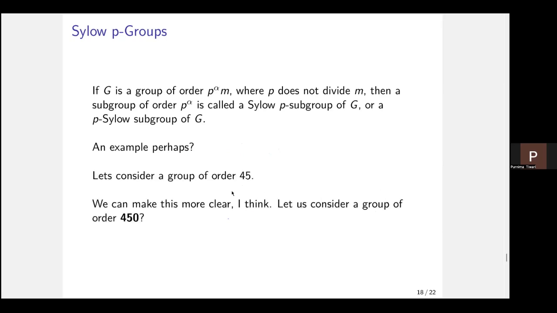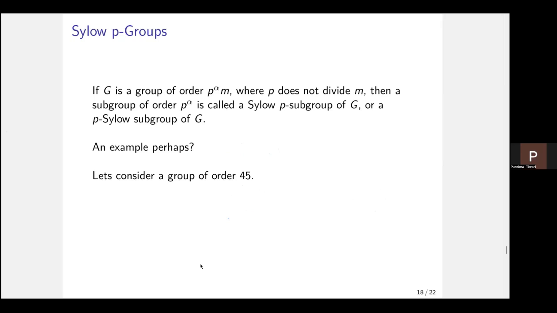An example perhaps. Let's consider a group of order 45. For a group of order 45, that is, we have 3 to the power 2 into 5.